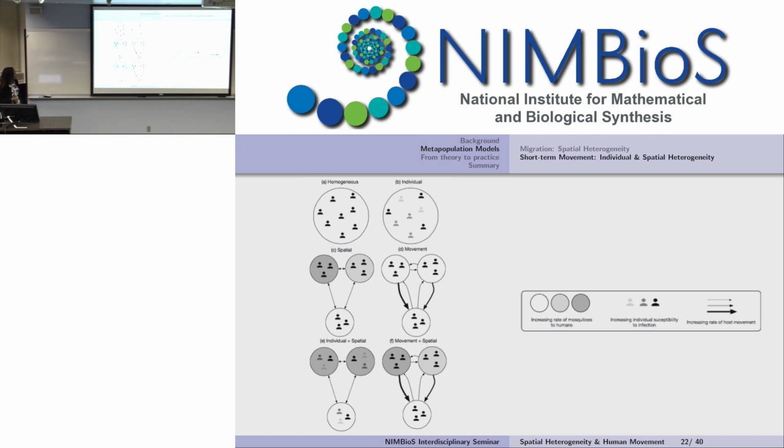We can then combine different types of heterogeneity: heterogeneity in individual risk and spatial transmission, and heterogeneity in movement and spatial transmission. In principle we could combine all three, but we focused on these 5 cases and wanted to compare them to the homogeneous case.